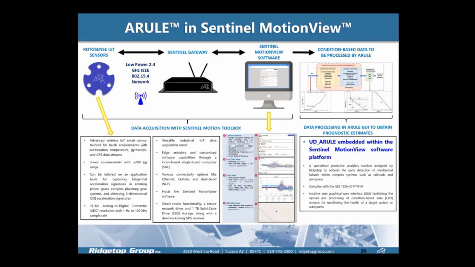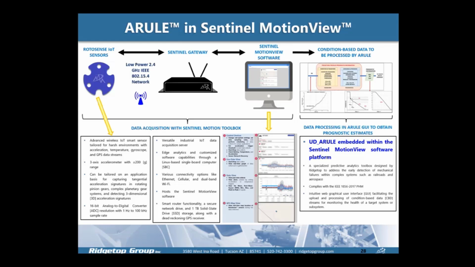Data from these sensors is streamed down to a data management hub called the Sentinel Gateway through a Wi-Fi network. On this Sentinel Gateway, one can perform edge analytics and customize software capabilities through the single board computer that's present in there. The gateway also allows various connectivity options like Ethernet, cellular, and Wi-Fi.